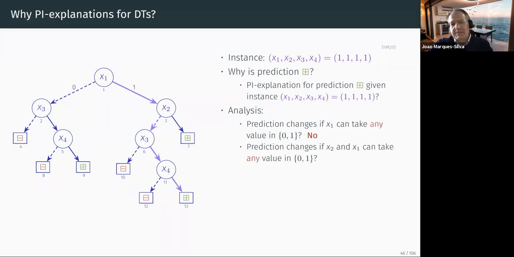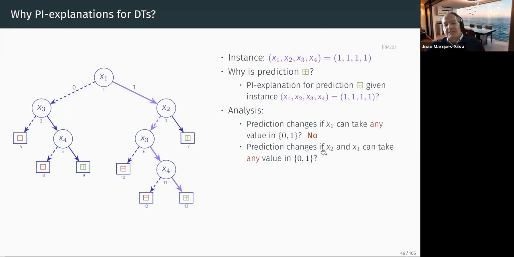Again, some of you might have seen it. Does the prediction change if x2 and x1 can take any value in 0, 1? There were two answers: no, it doesn't matter, exactly, very good.